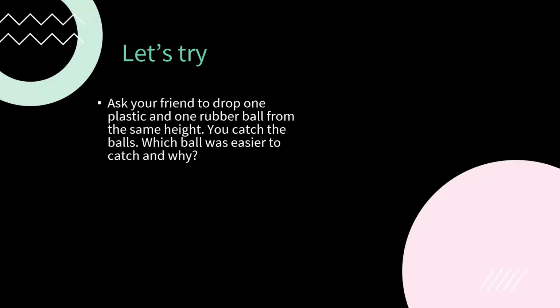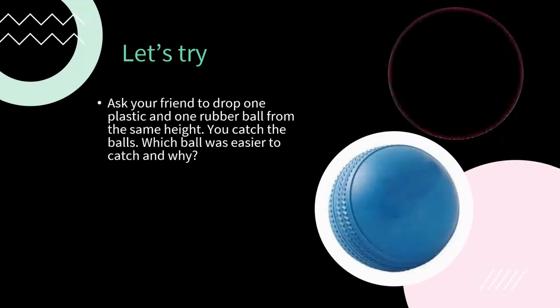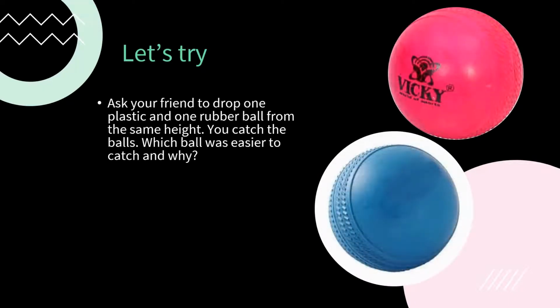Now children, let us try one more activity. Ask your friend to drop one plastic and one rubber ball from the same height. You catch the balls. Which ball was easier to catch and why? Yes children, the plastic ball was easier to catch because it is lighter. The rubber ball, which is somewhat heavier, falling from a height, may not be easy to catch.